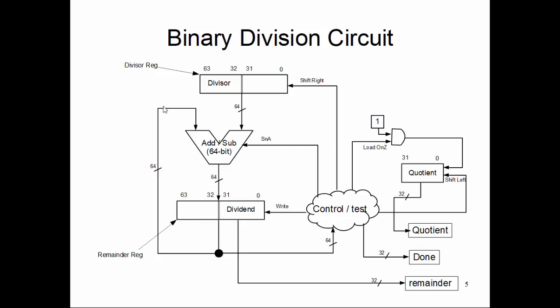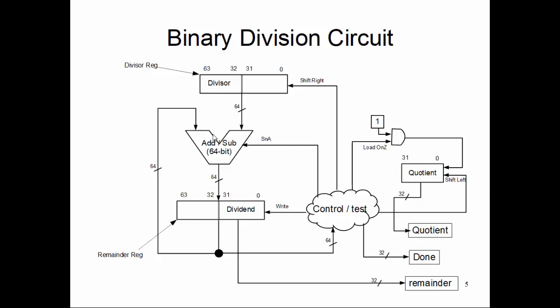It also goes into one of the inputs of the adder-subtractor circuit to make remainder equal to remainder minus the divisor bit pattern. And the lower half, at the end of the operation, will hold the remainder value of this division operation. So this lower 32 bits is exported out from this circuit towards the outer world, wherever that remainder value needs to be used.